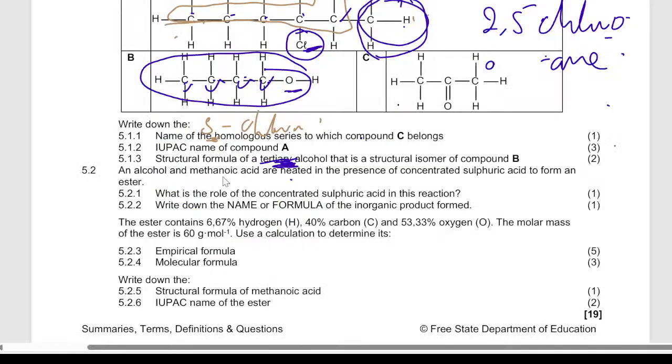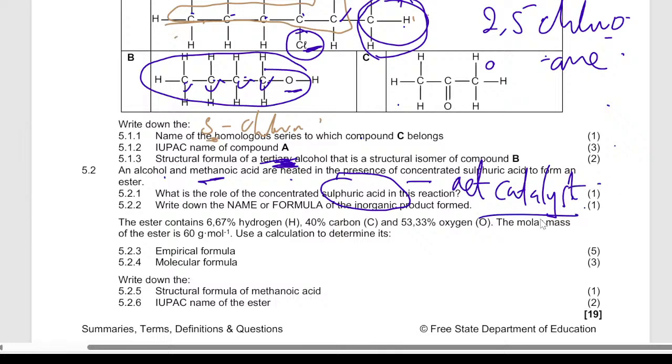Then they're saying that an alcohol and methanoic acid are heated in the presence of concentrated sulfuric acid to form an ester. What is the role of sulfuric acid? Whenever they ask about the role of sulfuric acid, it acts as a catalyst, producing hydrogen ions.